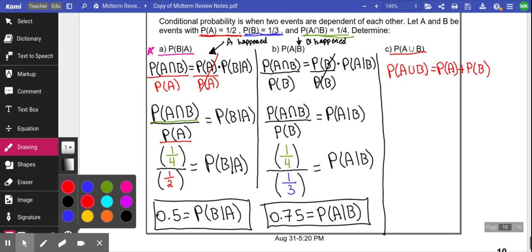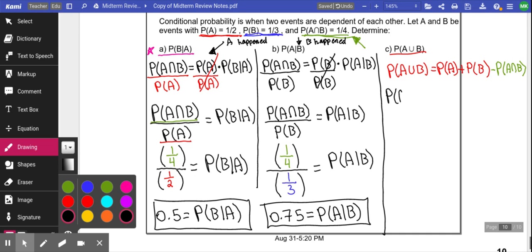Now, in this case, because there's a possibility that both of those things happen, I need to remember to subtract away the probability of A and B. So it's still adding. I did probability of A plus probability of B, but then I have to subtract away the probability that they both happen. It's called the overlap, right?